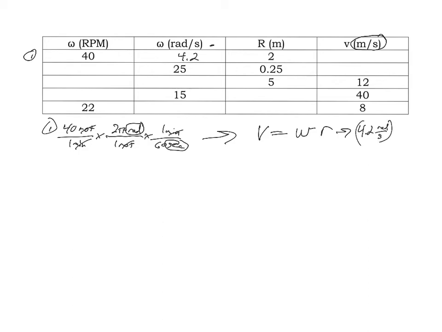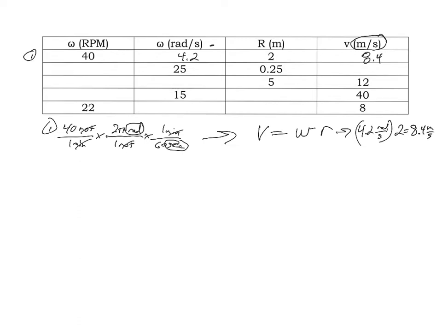And I have to multiply that by my radius, which they gave me is 2. My number is already in the calculator, so if you use 4.2, it might be a little different. And this equals 8.4 meters per second, which is up here.